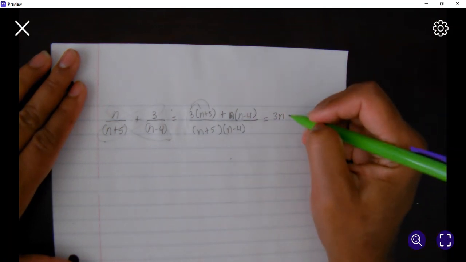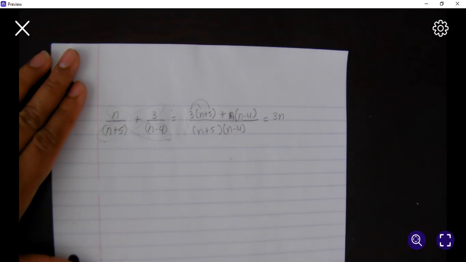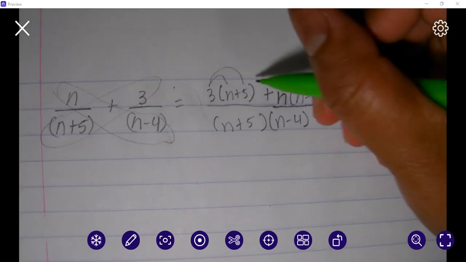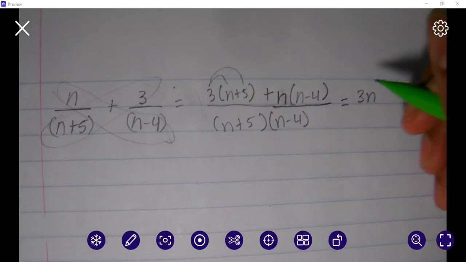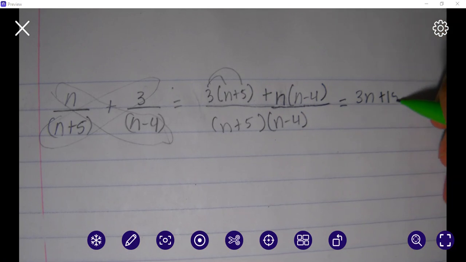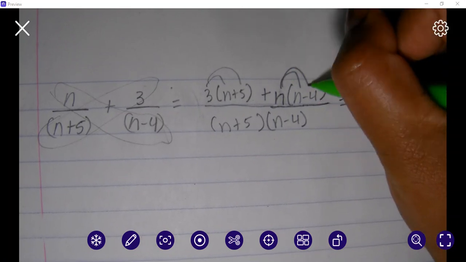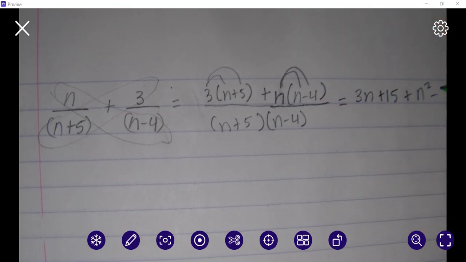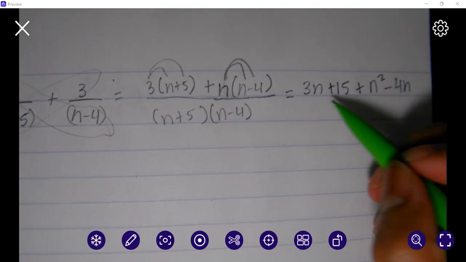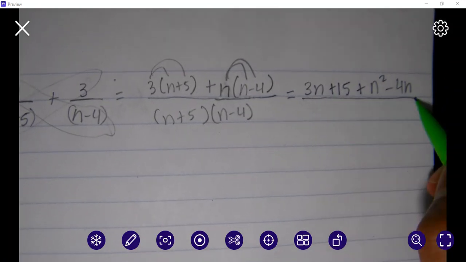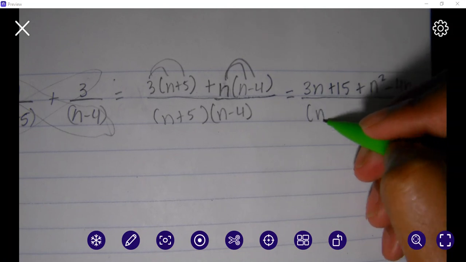Okay, and then you would do 3 times 5, which is 15. And then here you would have n times n, which is n squared. And then n times negative 4 is negative 4n. Okay, and then now we're going to just bring over my common denominator.